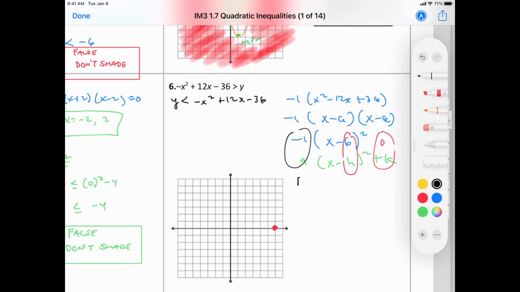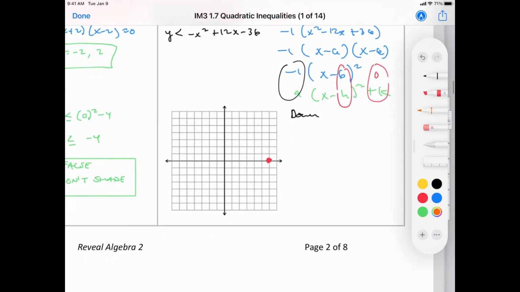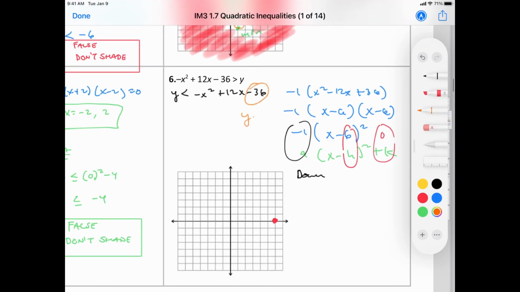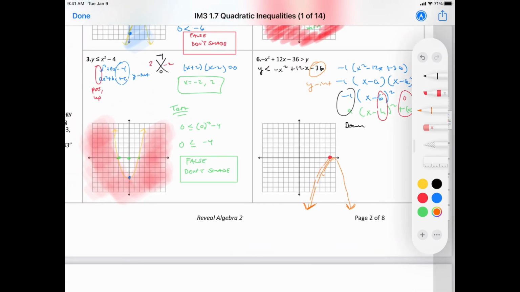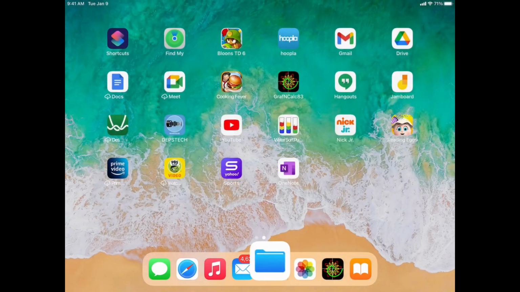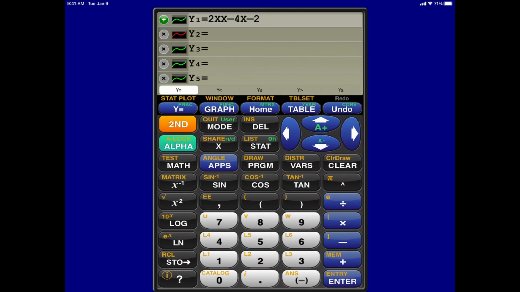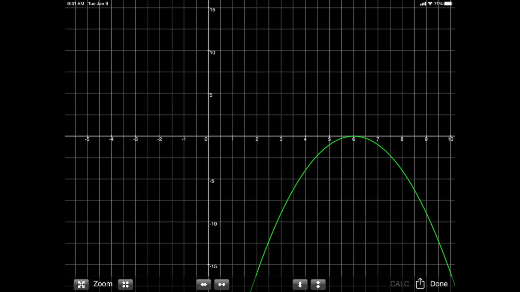This is negative, so it opens down. And then from the original equation, -36 is the y-intercept, way down there. It probably looks something like this. And you can double check that: -x squared plus 12x minus 36. And just like we did.